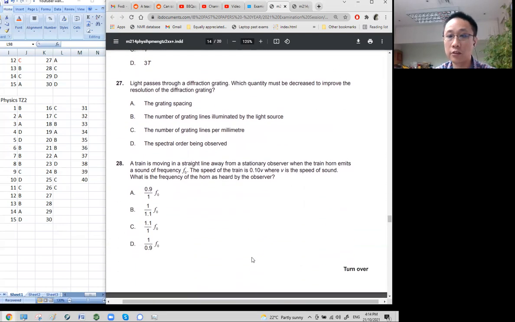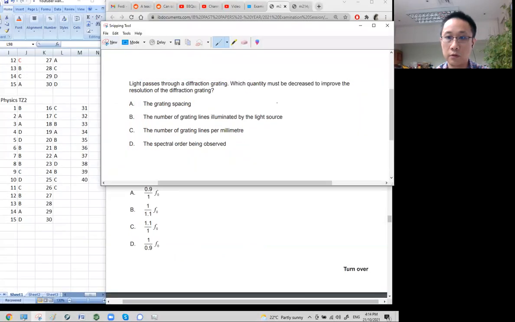27, light passes through a diffraction grating. What quantity must be decreased to improve the resolution of the diffraction grating? The grating resolvance equation is lambda over delta lambda equals mN, the resolvance itself, and I don't think the resolvance is physically meaningful. This is the order, and this is the number of slits, and that's important. When you want to improve the resolution, you want this to become bigger.